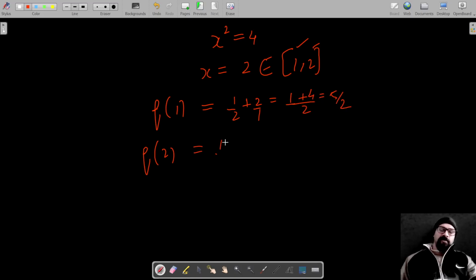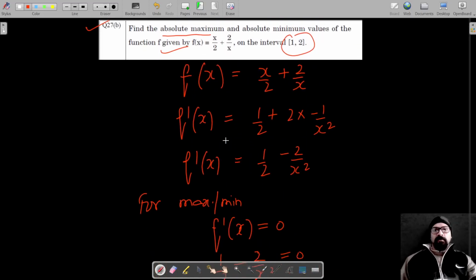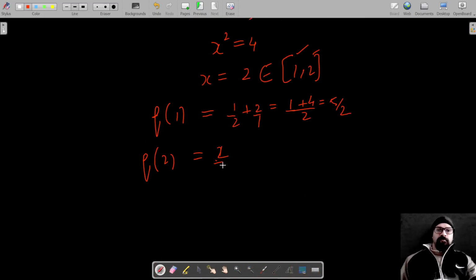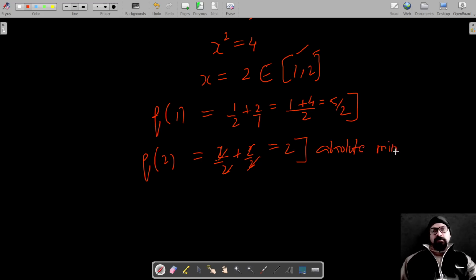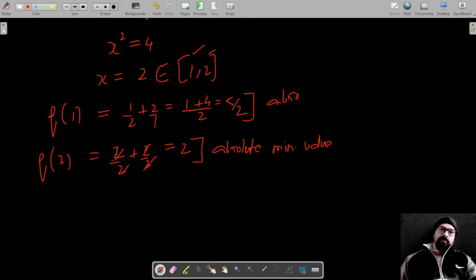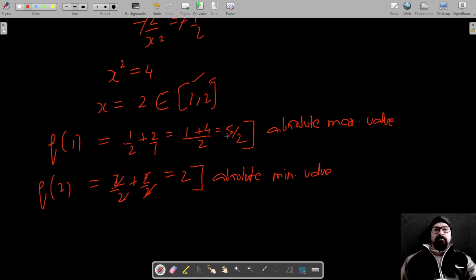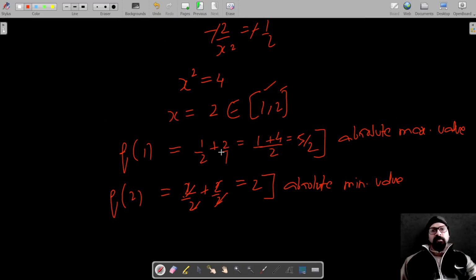The value of the function at 2 is 2 upon 2 plus 2 upon 2, which is equal to 2. So this is 2, this is 2.5. Maximum value is 5 by 2 and absolute minimum value is 2.